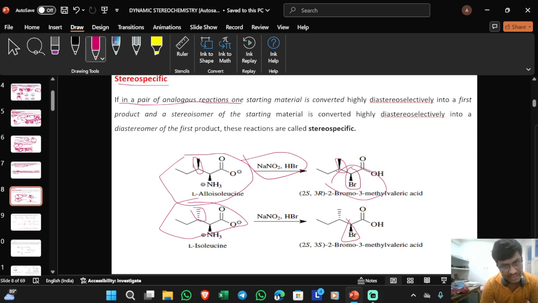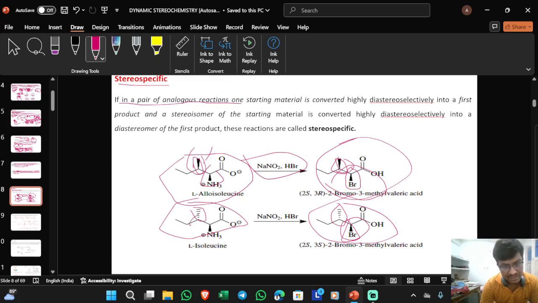Do you understand? Then this carbon, and these two compounds A and B are selective because one center is the same and another center is different, meaning these centers are different. This is not diastereotopic but one center is enantiotopic.